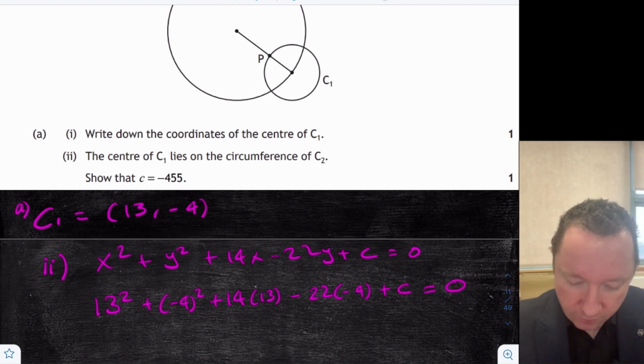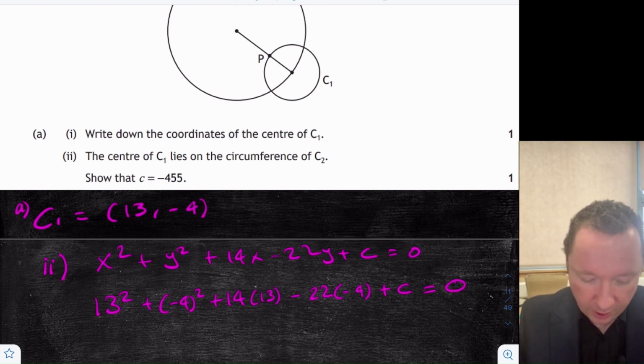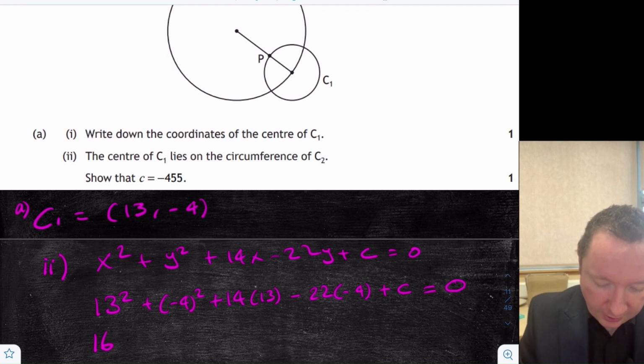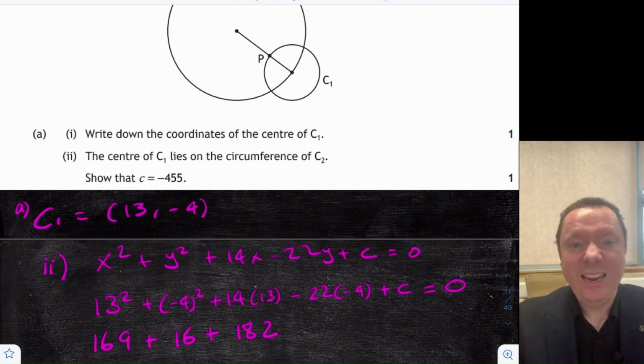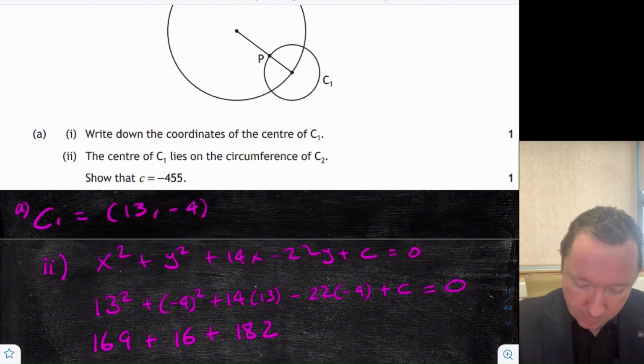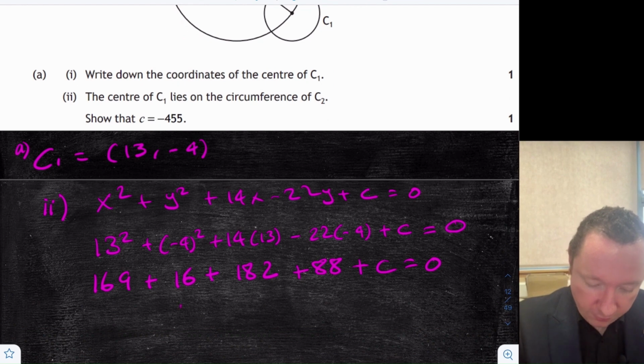Bit of maths to do, but this was a calculator paper, so you just get your calculator out and work it out. You get 169 plus 16 plus 182 plus 88 plus c equals 0. So adding up all the numbers, you get 455 plus c equals 0, and therefore c is negative 455, as required.